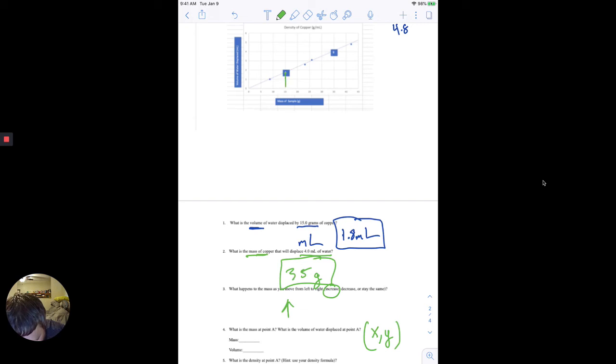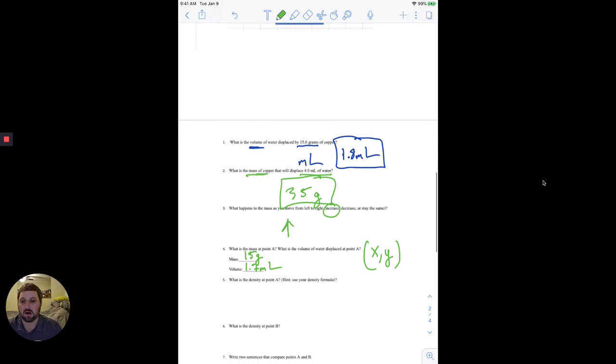Well, point A is right here, and it looks like we're at 15 grams. Let's do the same thing for volume. So here we're going to have to follow this line carefully over, and we can see again that's somewhere between 0.1 and 0.2. I'm going to say it's about 1.7 milliliters.